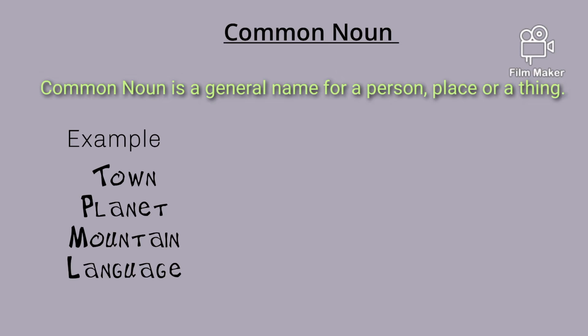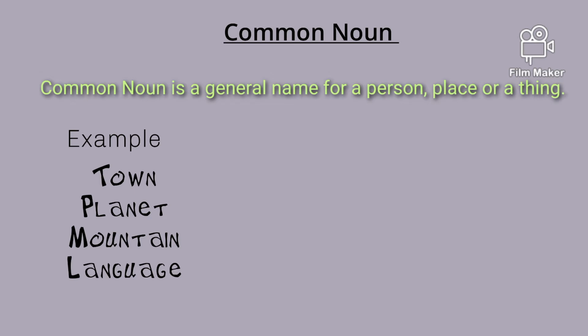Now let's look at common noun. Common noun is a general name for a person, place, or a thing. So previously we learned about proper noun, where we learned that proper noun is the name of a specific or independent identity or entity. But here it's common. Common noun is a general name of a person, place, or thing. General name. What do you mean by that?